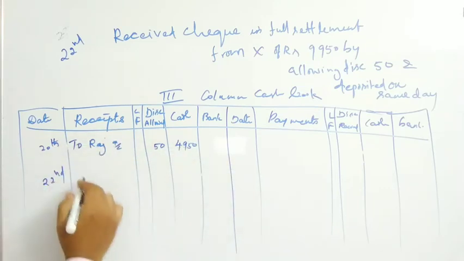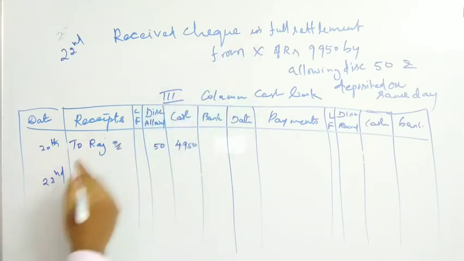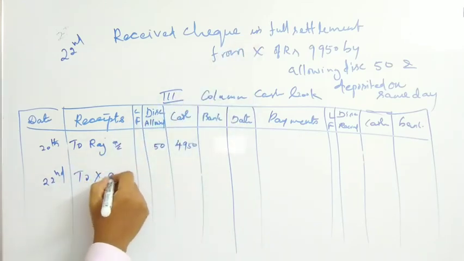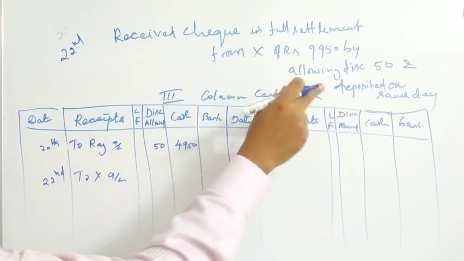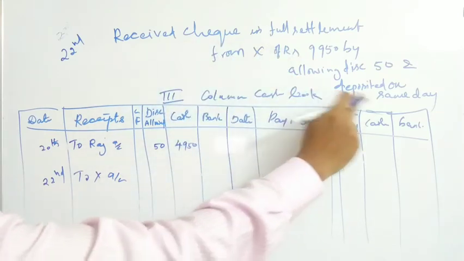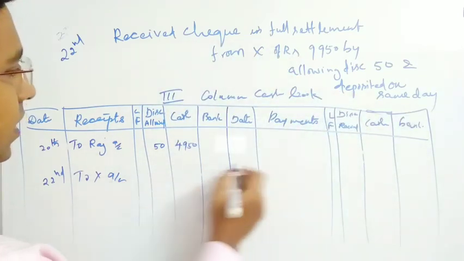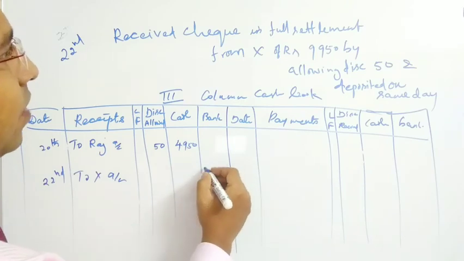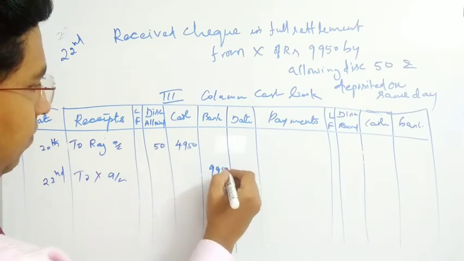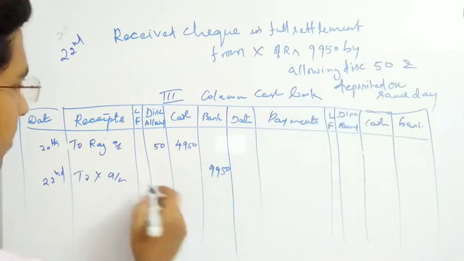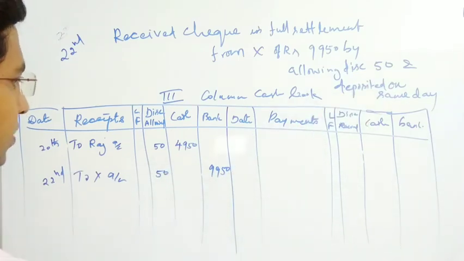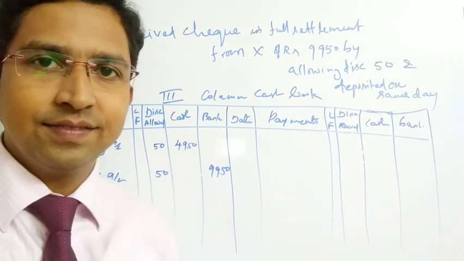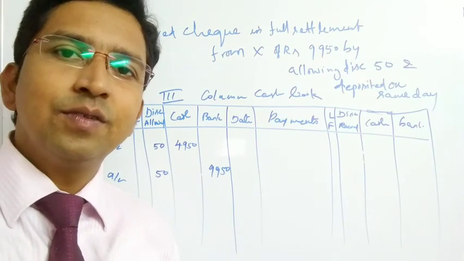On 22nd, we write to X account. We have received a cheque and deposited it on the same day, so we can simply add 9950 to the bank column, by allowing the discount. So we add 50 in the discount column. That is how we have to treat it.